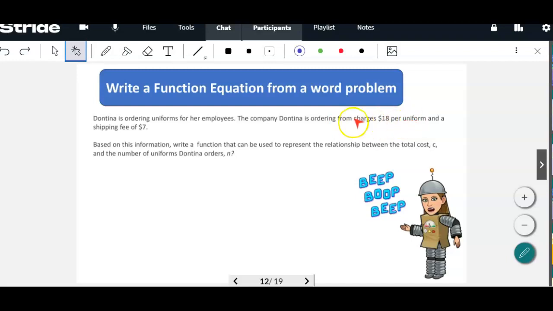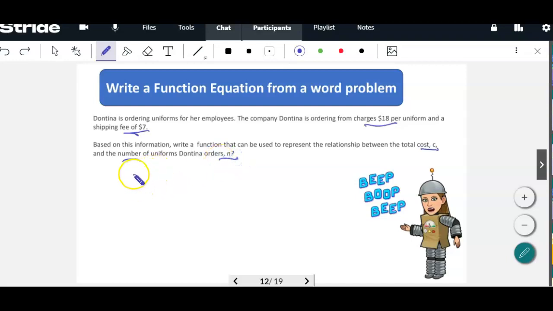So this is per uniform and then a shipping fee of $7. So that's just an added on fee. Based on this information, write a function that can be used to represent the relationship between the total cost C and the number of uniforms Dontina orders, n.